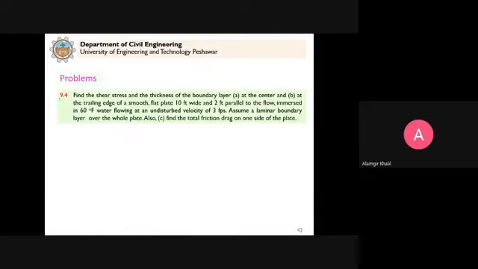Now next we solve our problems. So we have this problem 9.4 from the textbook. To calculate the shear stress and the thickness of the boundary layer at the center and at the trailing edge of a smooth flat plate that is 10 foot wide and 2 feet parallel to the flow, immersed in 60°F water flowing in undisturbed velocity of 3 foot per second.